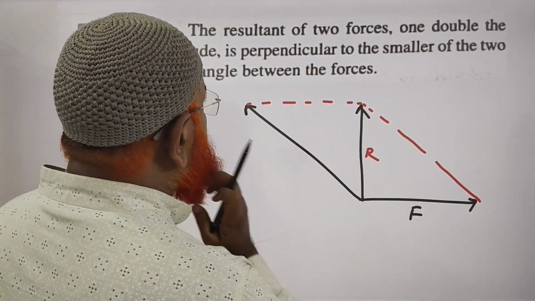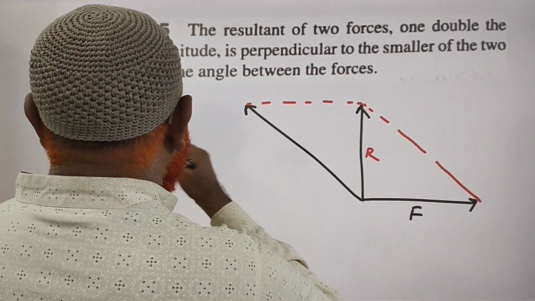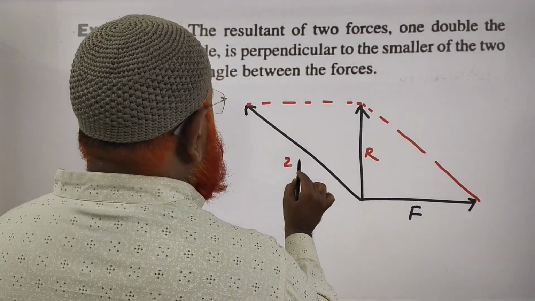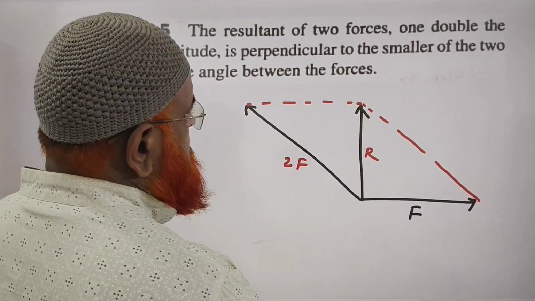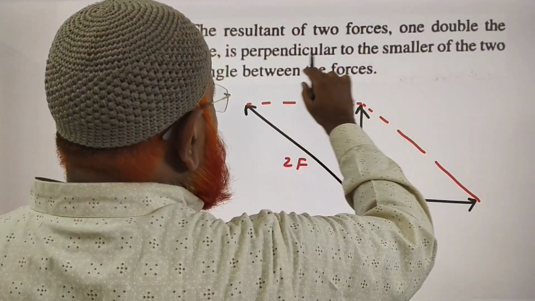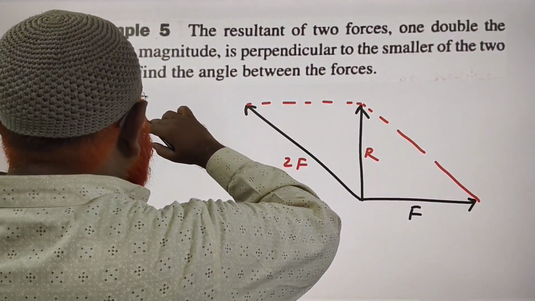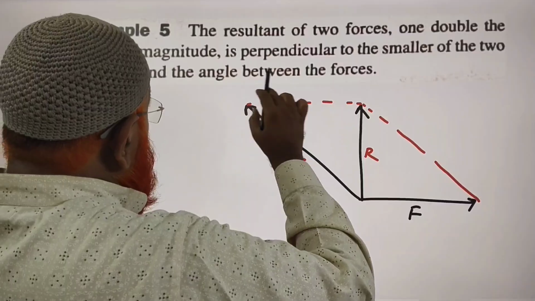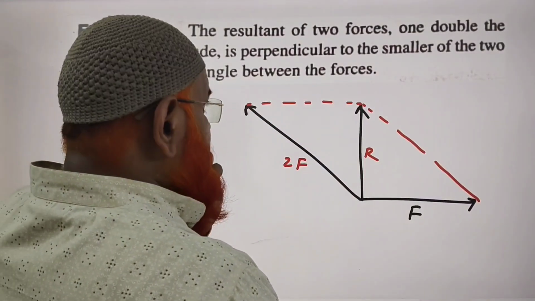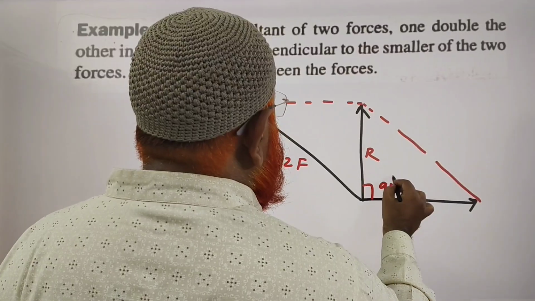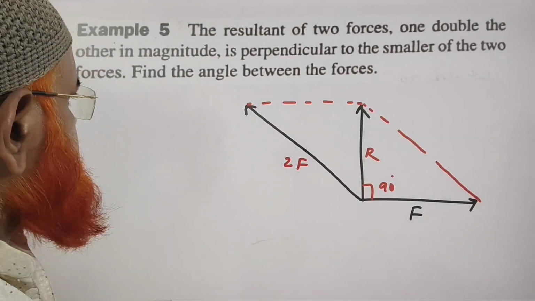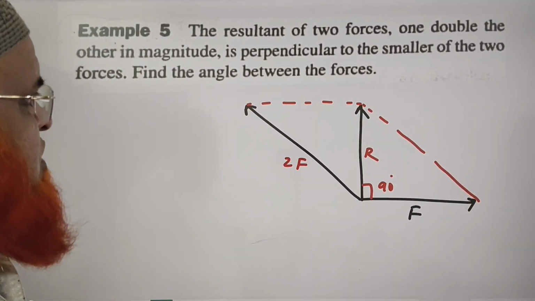The resultant of two forces, one double to that of the other, means if this is F, this should be 2F. The resultant is perpendicular to the smaller one. Is it okay? Find the angle between the two vectors.